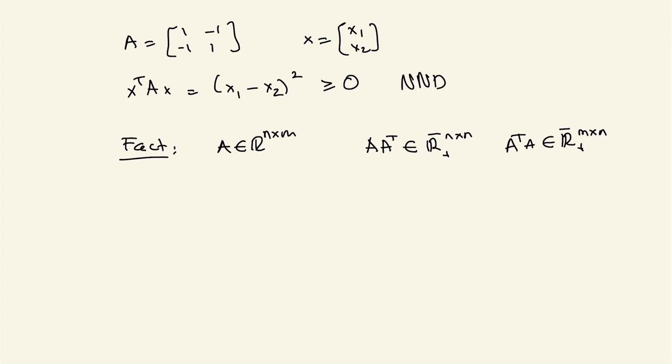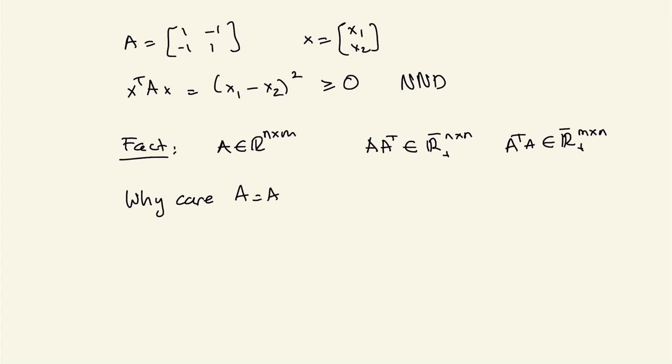So you can obtain non-negative definite matrices by multiplying A from left or right by its transpose.